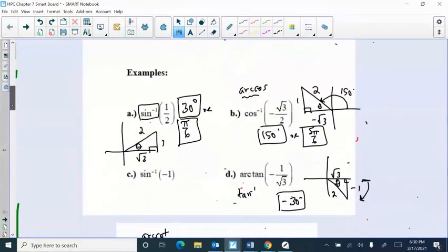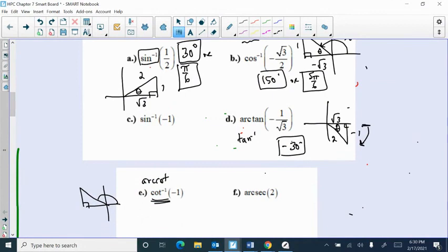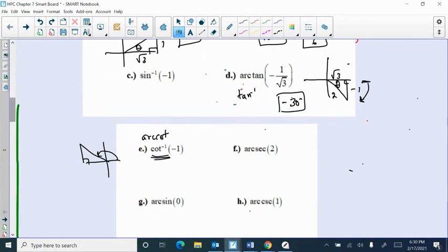So that's the tough piece, or the learning in this topic, is where are you going to draw that particular angle. Now cotangent is a ratio of adjacent over opposite, so it's like a -1 to 1 ratio, and that would be root 2. So that's a 45-degree reference angle. But remember, the angle that's our answer is this obtuse one. So that would be 135 degrees, or 3 pi over 4.